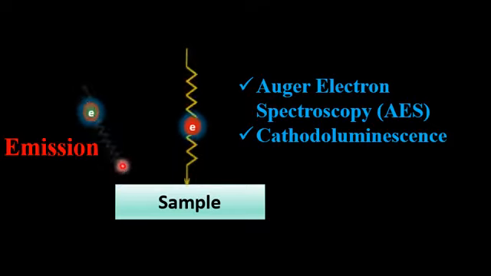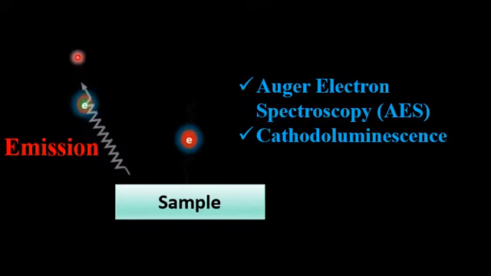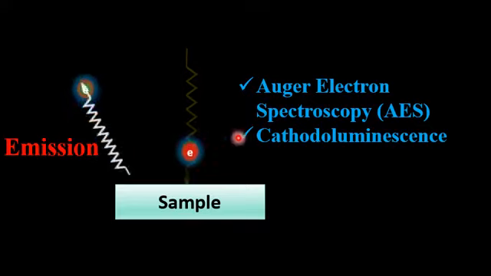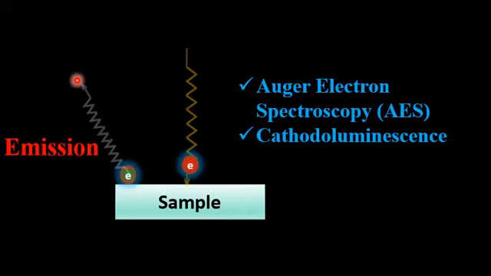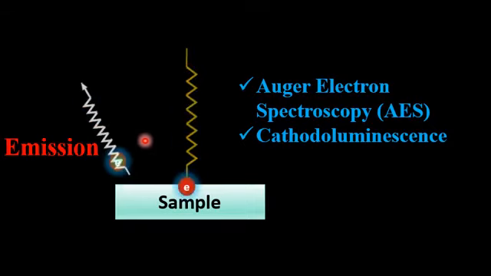Auger electron spectroscopy is based on emission of electrons, whereas cathodoluminescence is based on emission of electromagnetic radiation, or emission of light, due to interaction of the electron beam with matter.